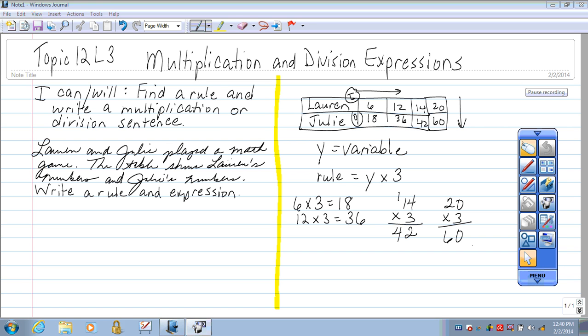Our second example would be a table. Actually, write it a little lower so we can go across with our information.